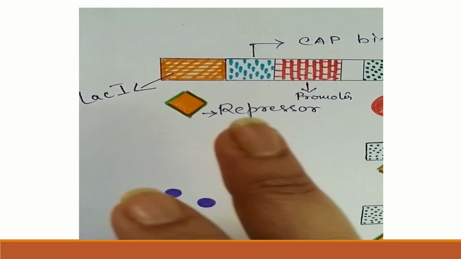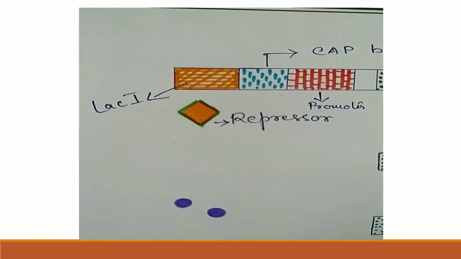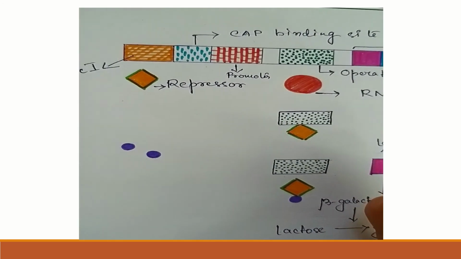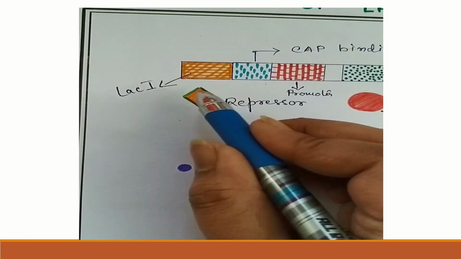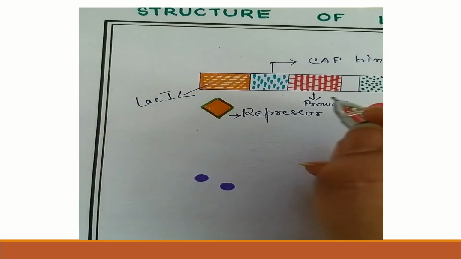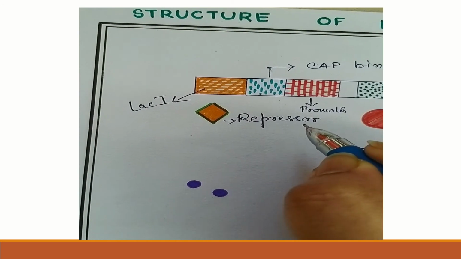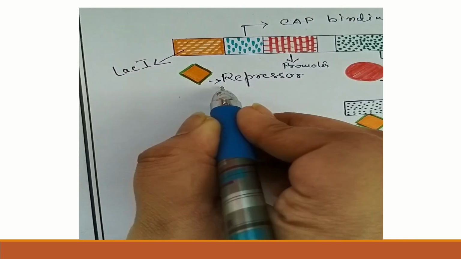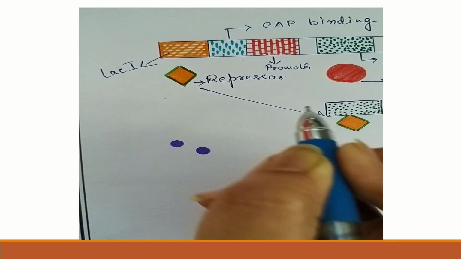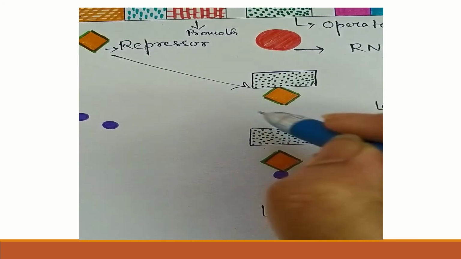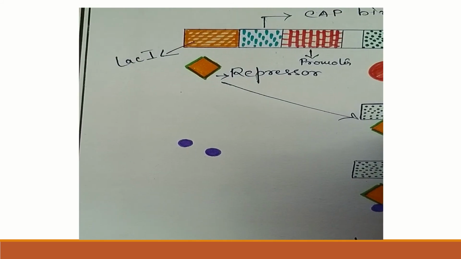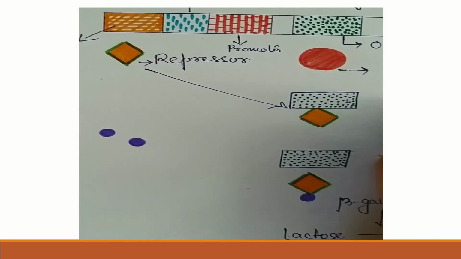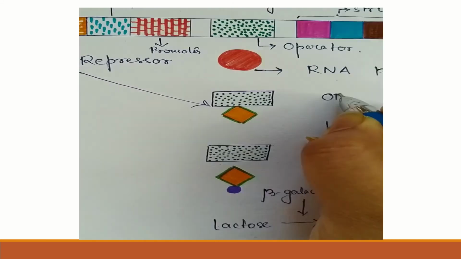Now, when lactose is not there in the medium, what is happening then? This repressor molecule will go and bind to which one? This repressor molecule will go and bind to the operator region like this. When this is bound to the operator region, it gives a signal which we say off.